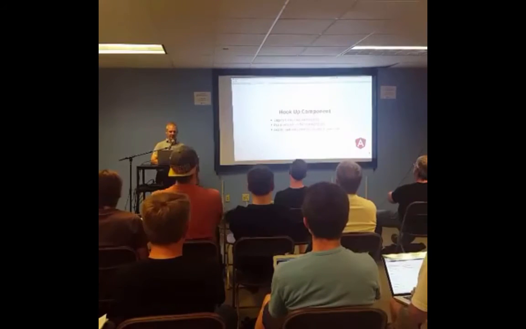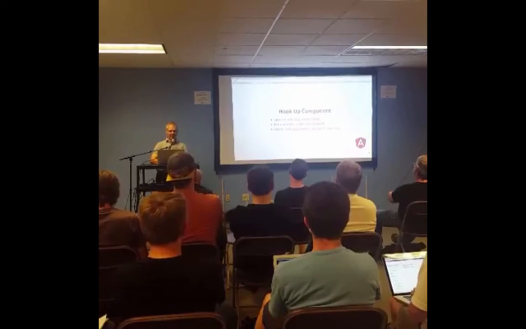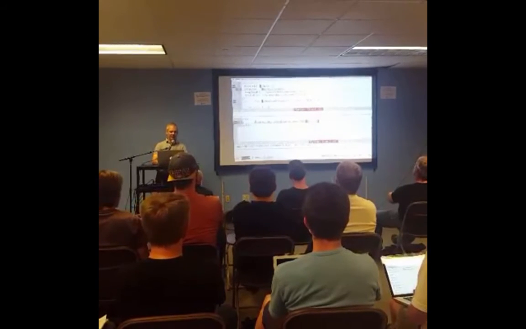And then you just have to add the new component to the root component's directive array. So my root component doesn't have a directive array, so I need to create a new one.